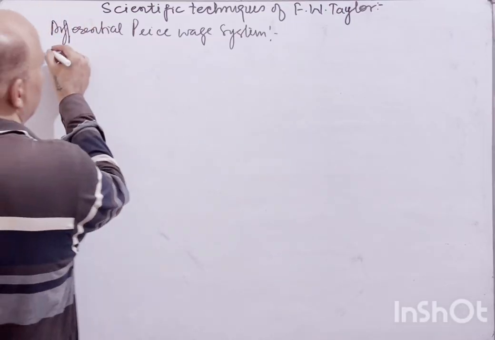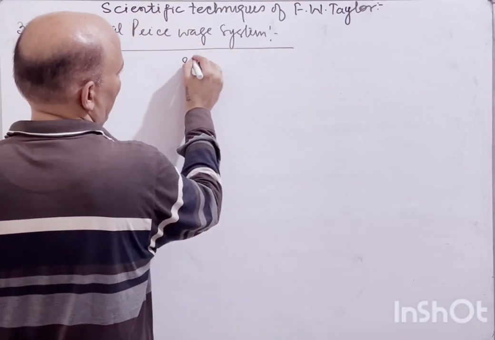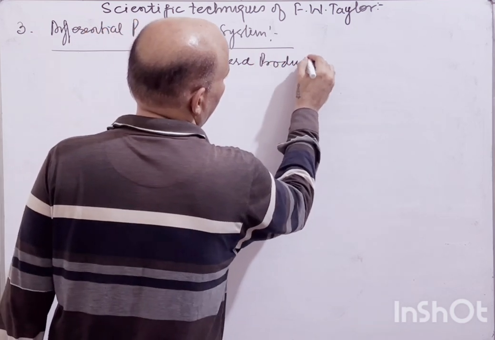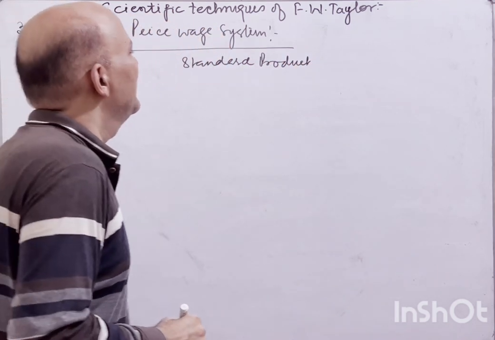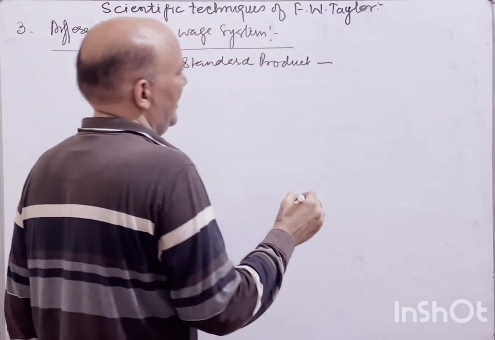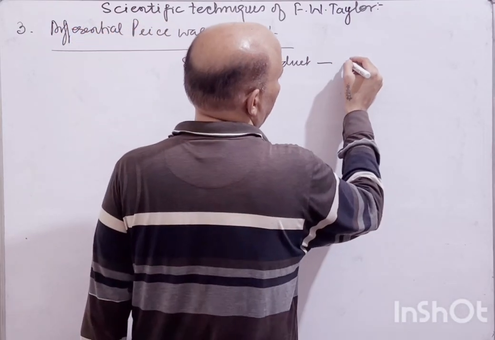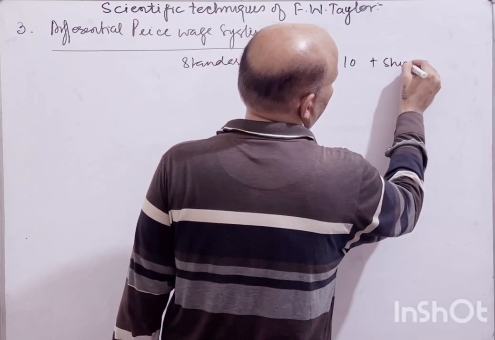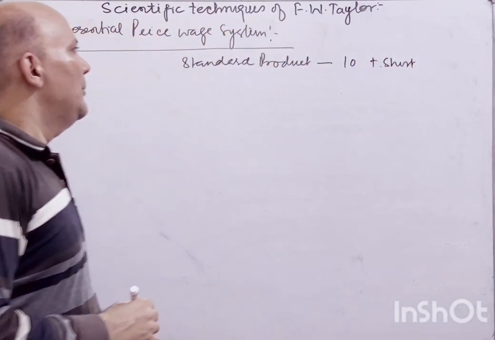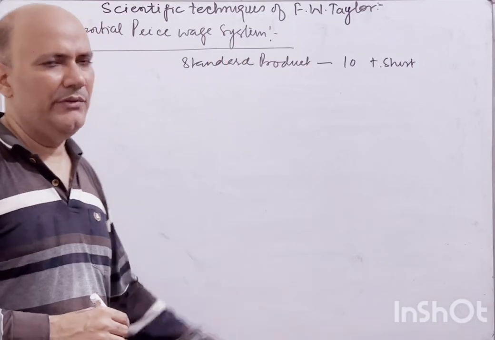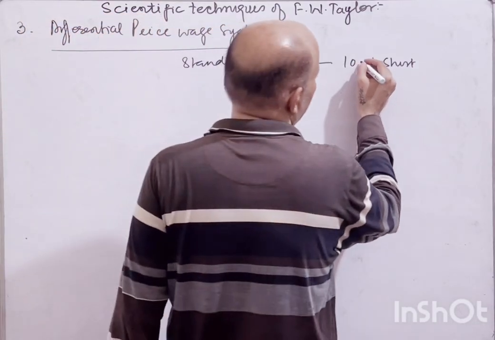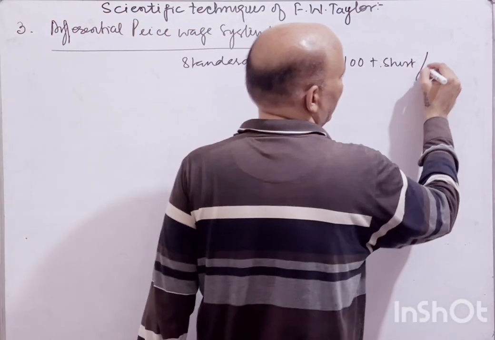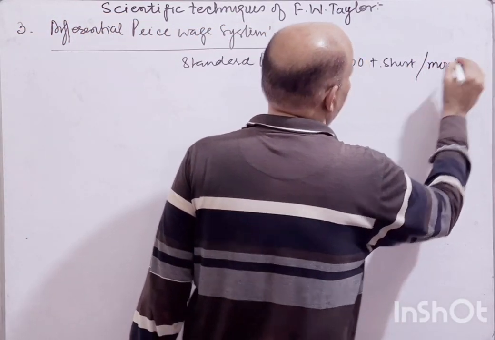So how does this work? Let's say the standard product. Let's say we are discussing this for the manufacturing of garments, right? So 10 t-shirts everybody has to complete in the week, or let's say we do monthly payment. 100 t-shirts everybody has to complete in a month, right?